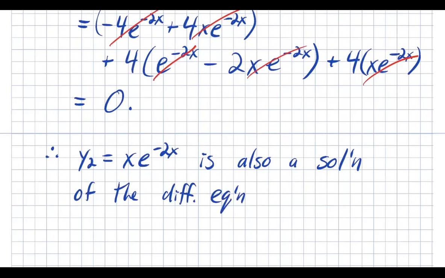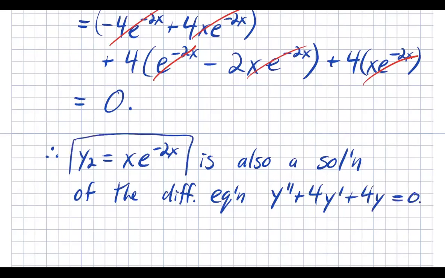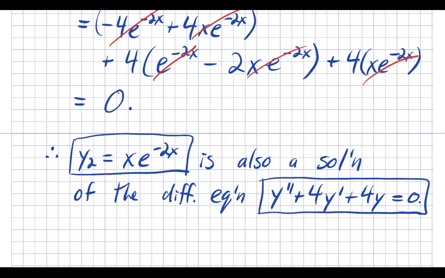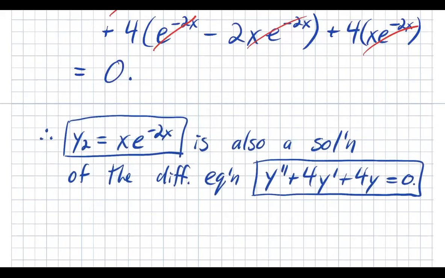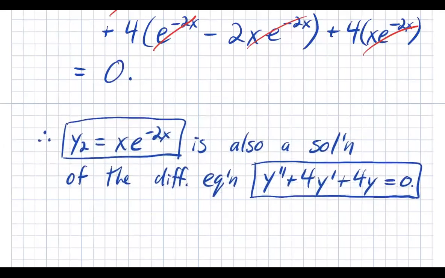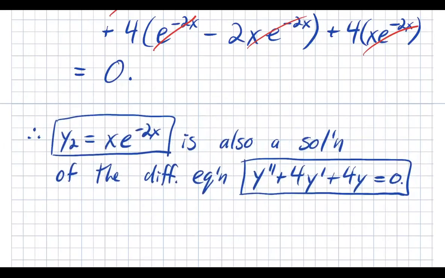It was y'' + 4y' + 4y = 0. So this function is a solution of this differential equation. There we go. I'm just going to move that down a little bit away from that page break right there.